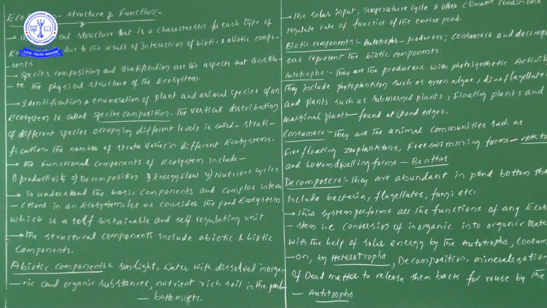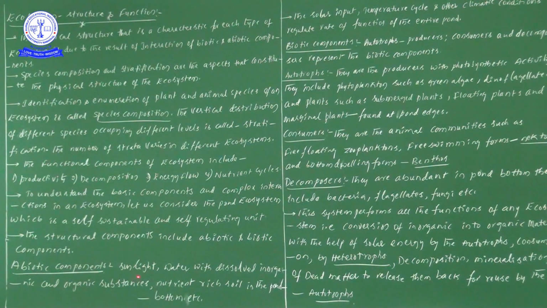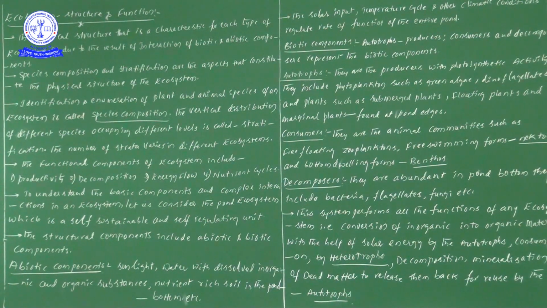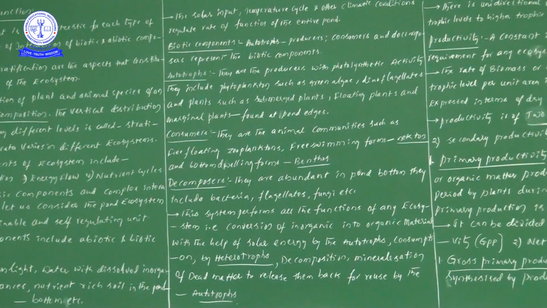So the things we consider as abiotic components are sunlight, water with inorganic and organic substances, and nutrient-rich soil at the bottom of the pond.